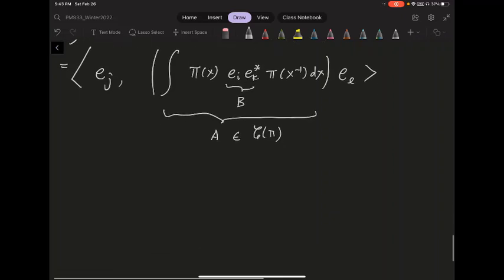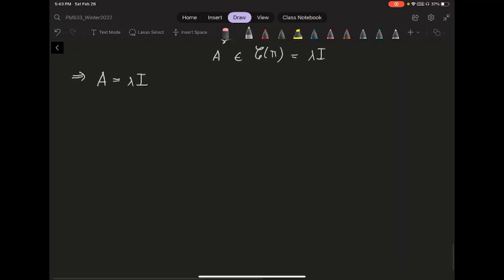And again, by Schur's lemma, because π is irreducible, this is going to be equal to λ times some identity. So we know that this A is going to be equal to λ times the identity for some constant. So we just need to now find this λ. Okay, so what is this λ? This can be done by a very nice trick. If I consider the trace of this matrix A, well, the trace is essentially the sum of the diagonal entries, and for λI, it's a d_π by d_π matrix with λ on the diagonal, so the trace is fairly easy to compute.